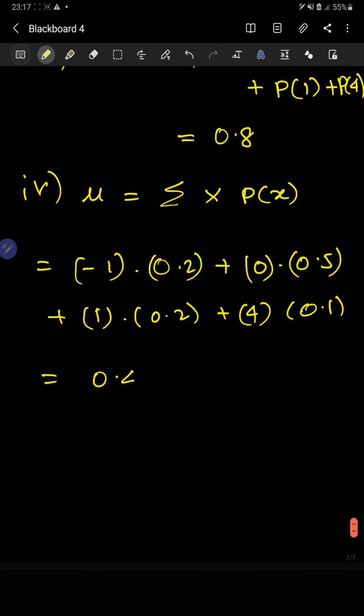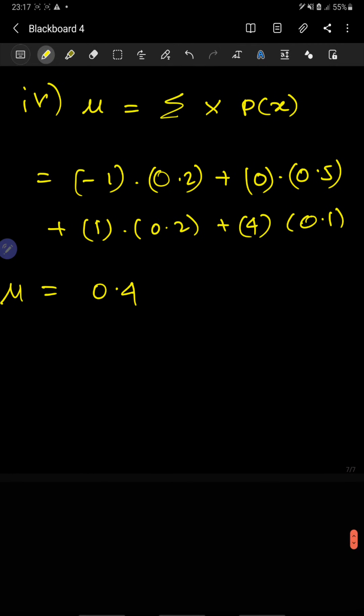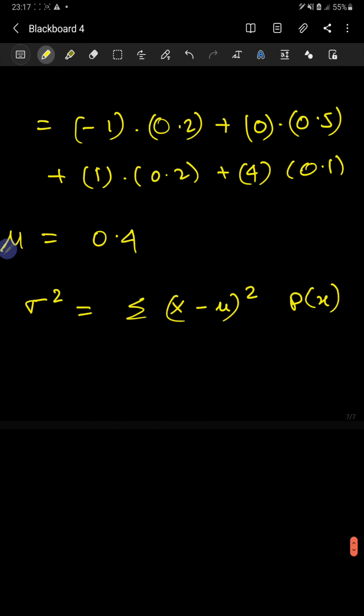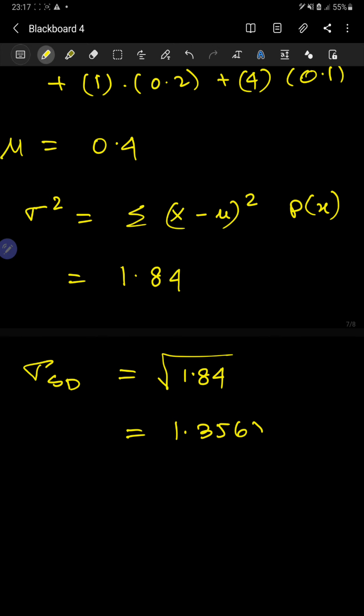So we get the mean as 0.4. The variance can be similarly found out by the sum of (x minus mu) squared p of x. So in a similar fashion, we can find the variance, and it comes out to be 1.84, and also the standard deviation is the square root of 1.84, which is 1.3565.